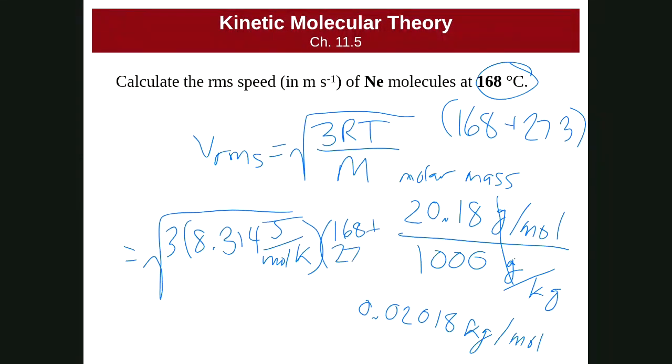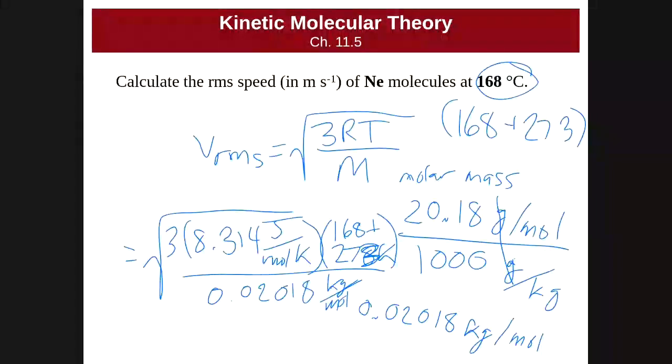That's got to be in parentheses on your calculator unless you add it together first and then plug it in. And our 0.02018 kilograms per mole. So our moles are going to cancel out, our Kelvins are going to cancel out, and our joules are going to take care of our kilograms. So I'll show you that in a second.